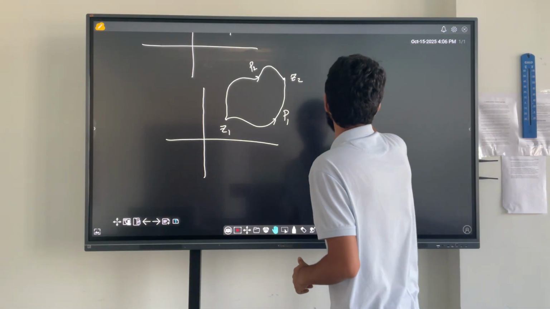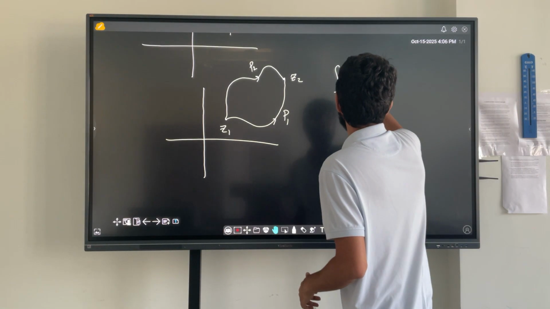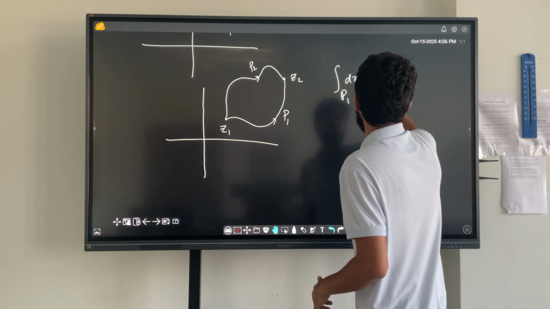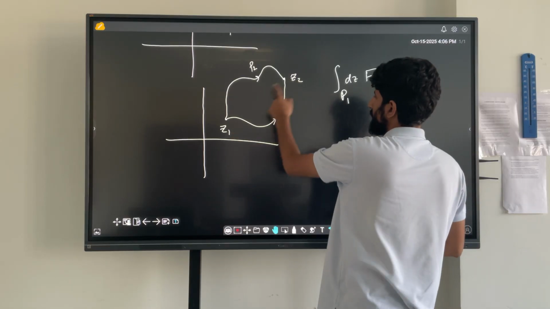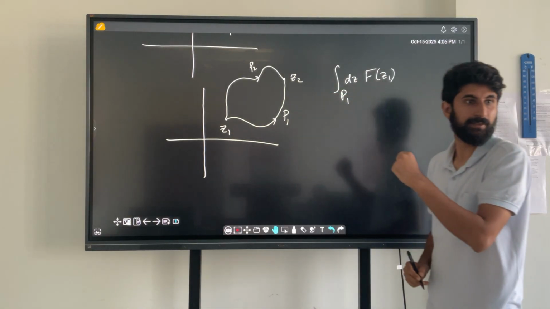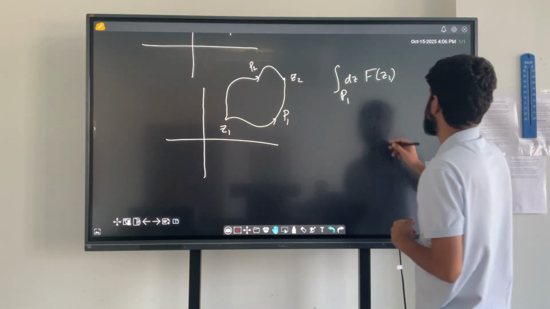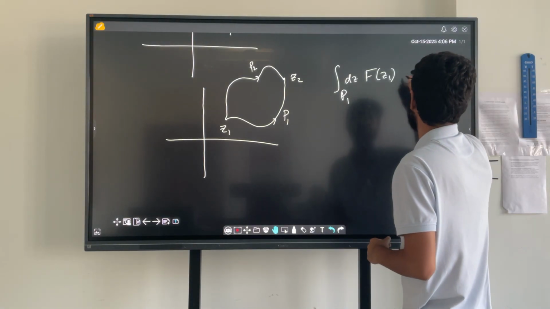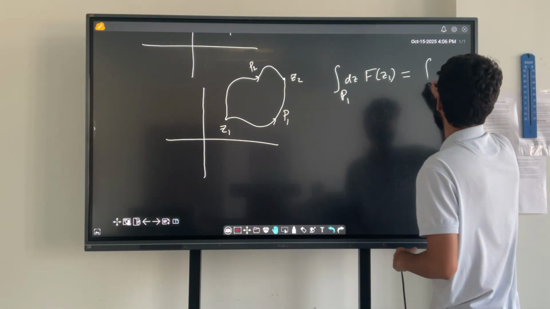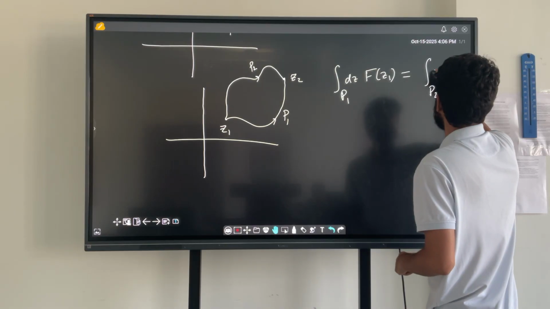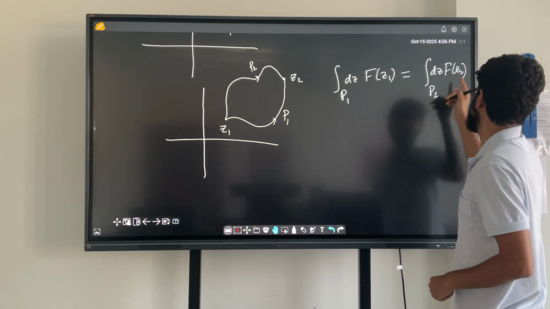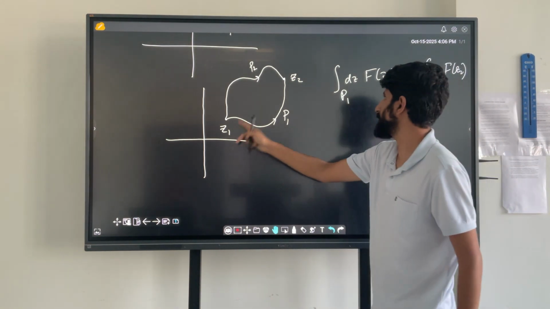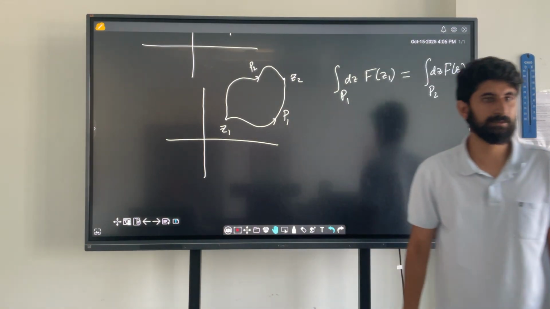So this is more precise. The integral over P1 of dz f of z, where P1 starts from z1 and ends at z2 via this path, is the same as, this is my goal, the integral over P2 of dz f of z, where P2 starts from z1 and ends at z2, but takes some other path.